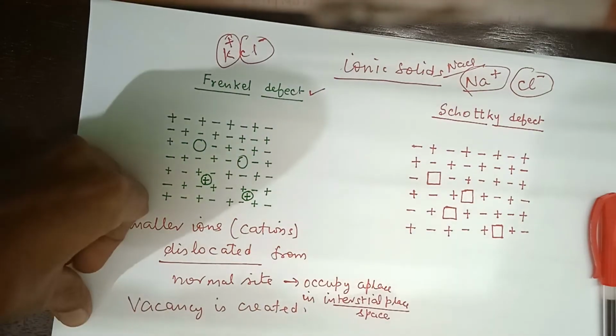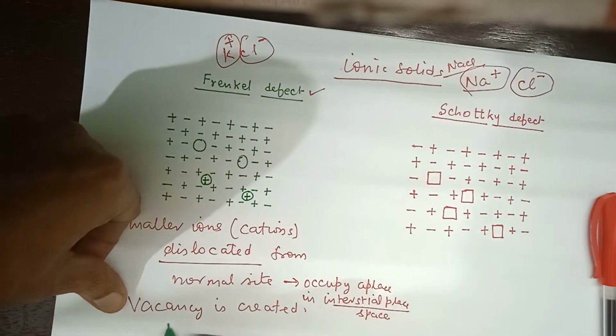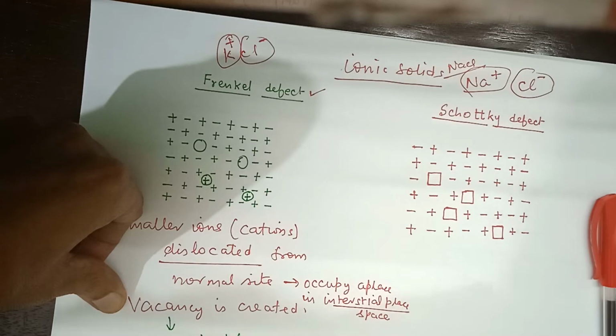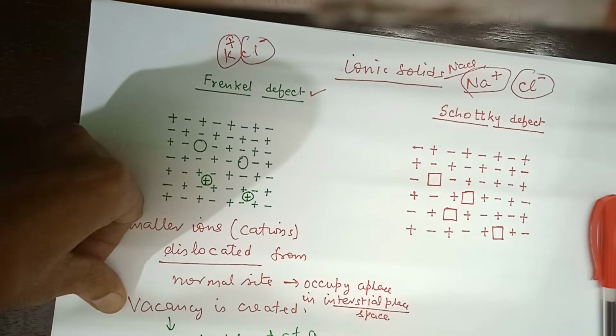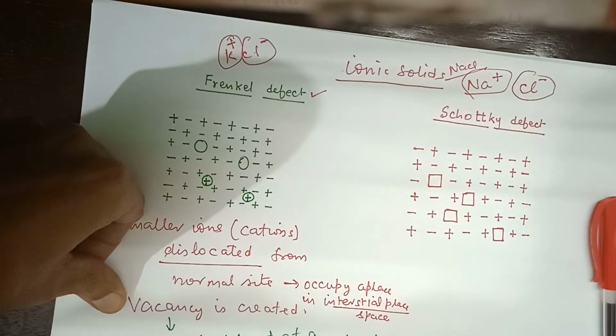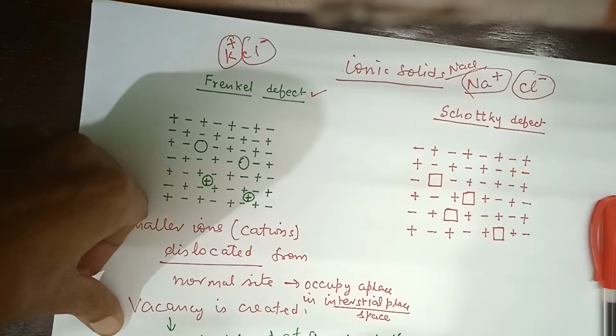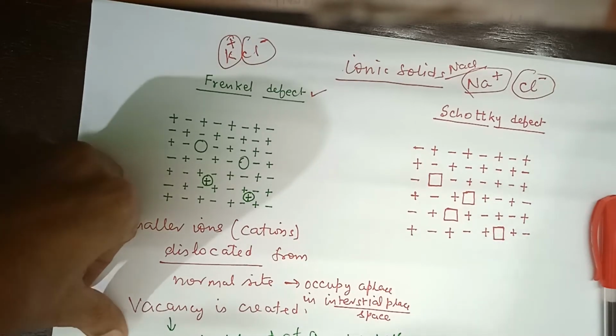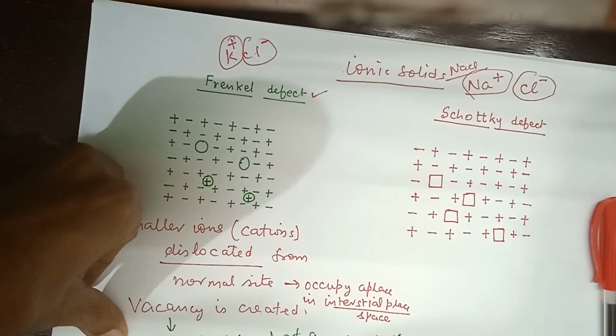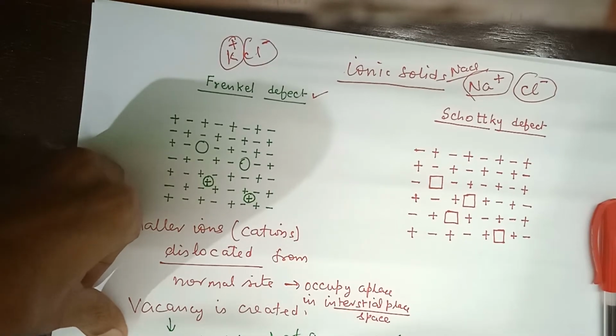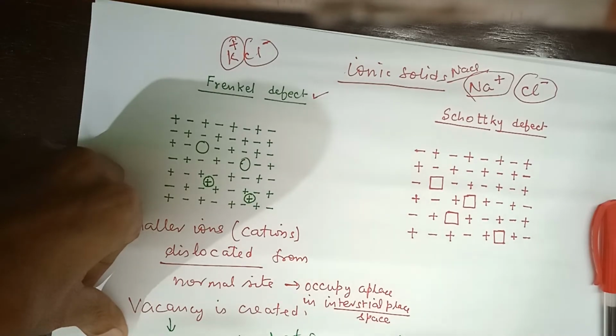A vacancy is created, and the cation is placed at an interstitial space, so that the number of cations is equal to the number of anions, and electrical neutrality is maintained.